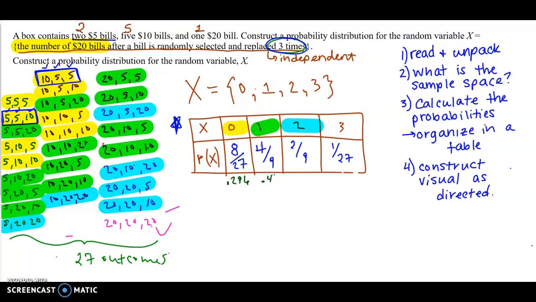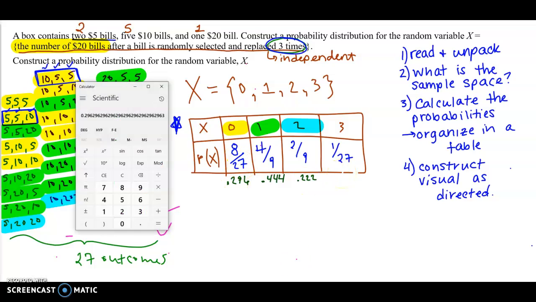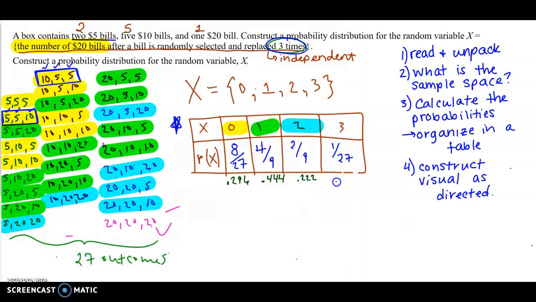This is 0.44 repeating. This is 0.22 repeating. And then 1 out of 27 is 0.03 something. 0.037.